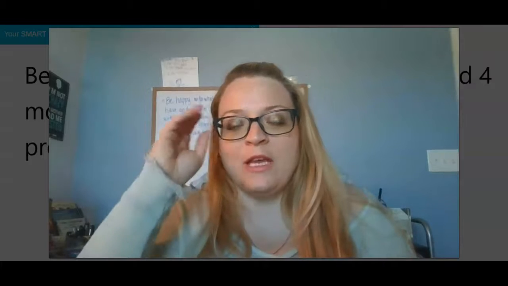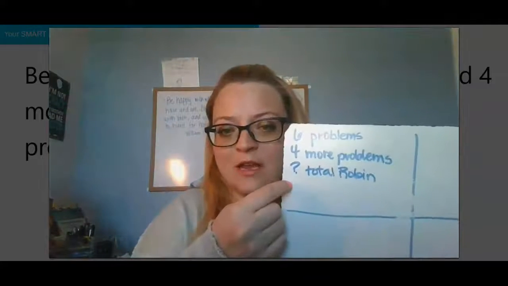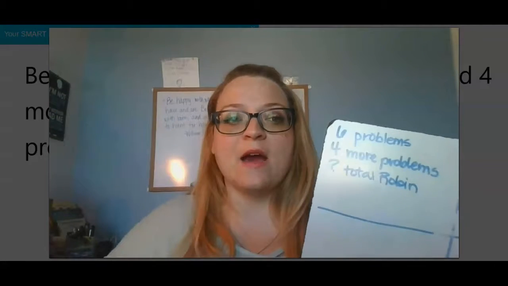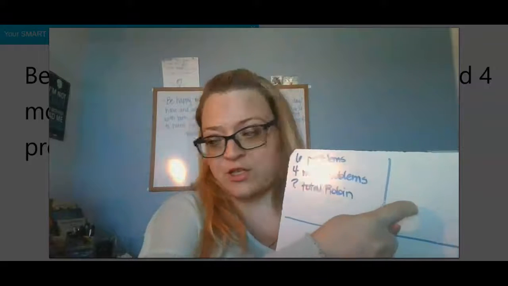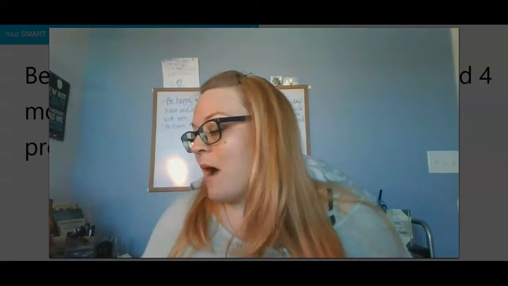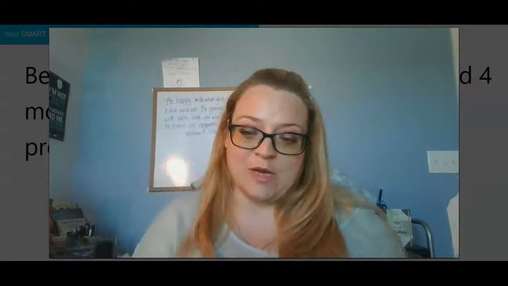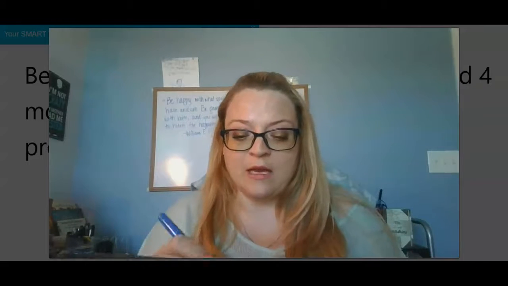Okay, so hopefully you have your first box looking like mine, and now we need to draw our picture. I'm going to show you 2 ways to do this, okay? One is going to be the tape diagram, and one is going to be just our normal picture, all right? So we'll start with our normal picture.